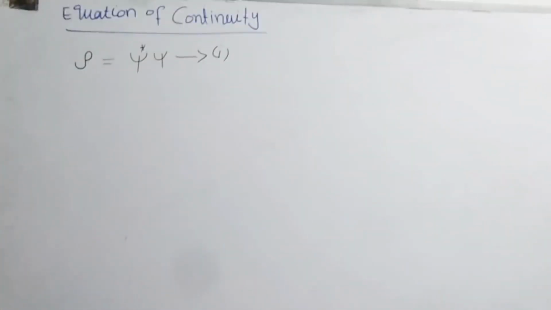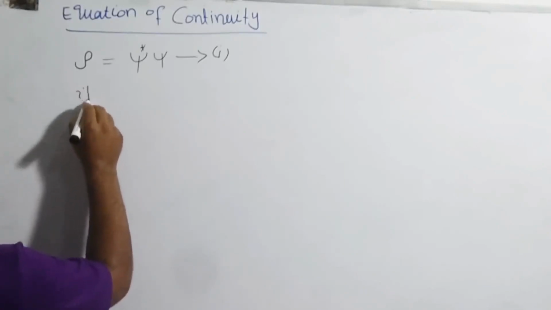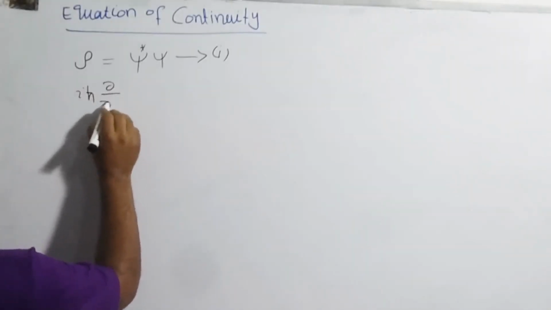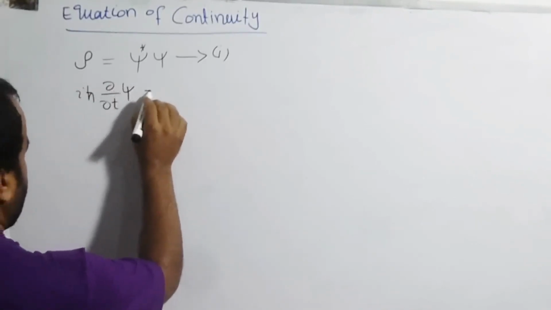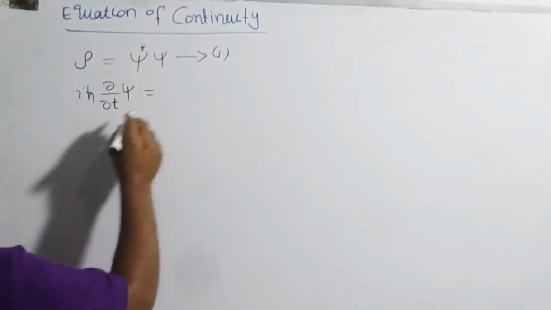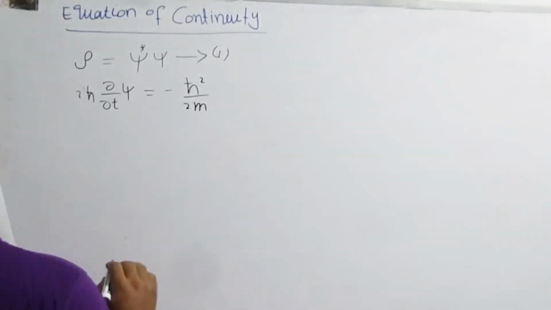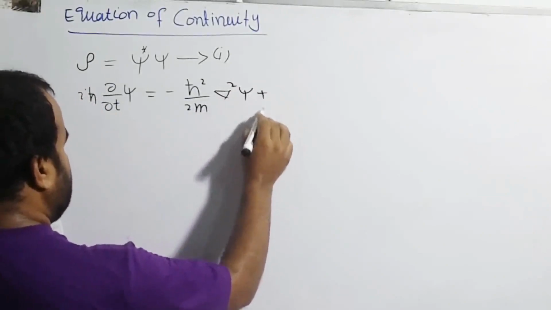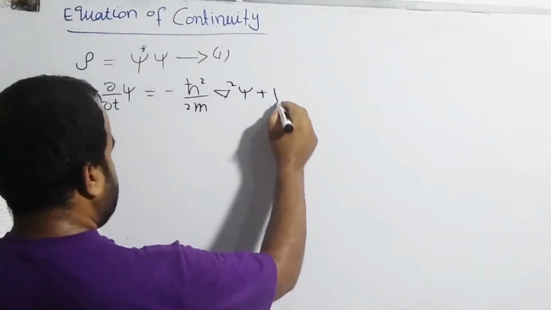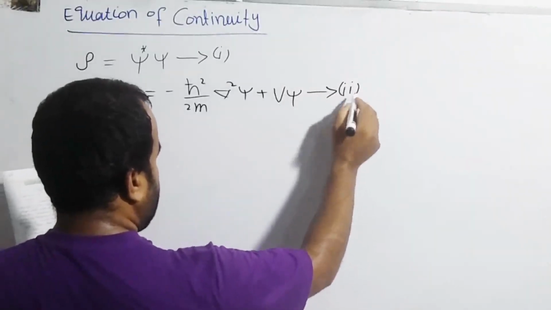Now the Schrodinger wave equation can be written as iota h cut partial psi over partial t equals minus h cut square divided by 2m del square psi plus V psi, and let this be equation 2.